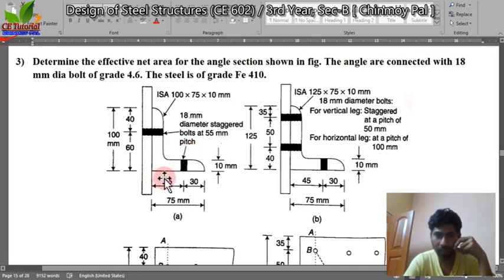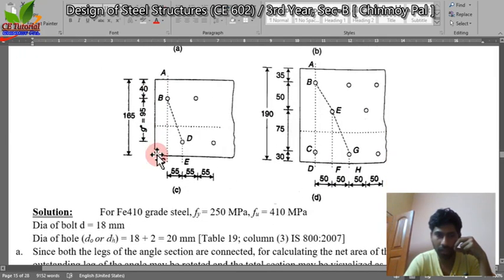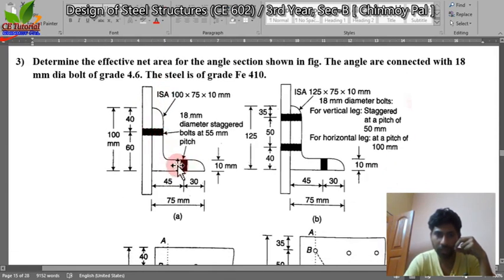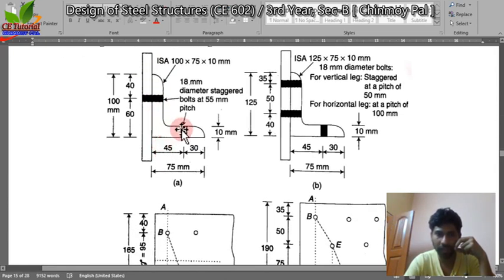Here there is no outstanding leg. Both are connected legs. So actually what is happening, we are considering this angle section as a plate. How? By rotating the other part 90 degrees with respect to the point, that is the midpoint of the center line.